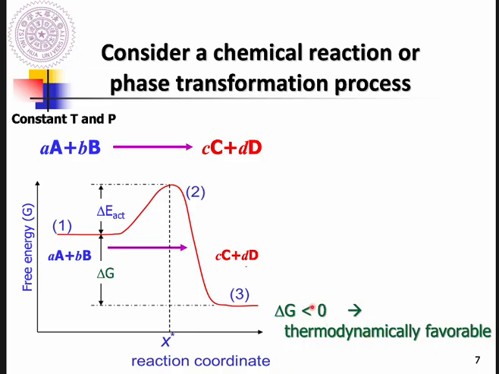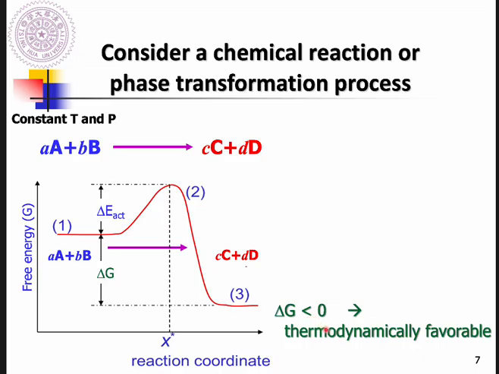So delta G must be negative; we call this thermodynamically favorable. So the whole system will go to the right-hand side, and this is what thermodynamics tells you. But thermodynamics does not tell you how long or how much time it takes to convert to C and D, which means that the reactants A and B can totally generate C and D.